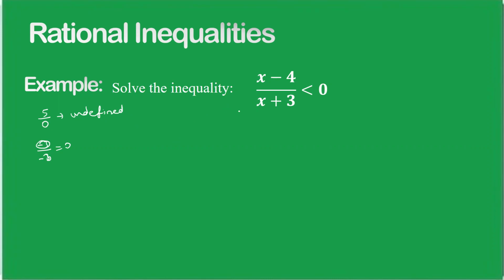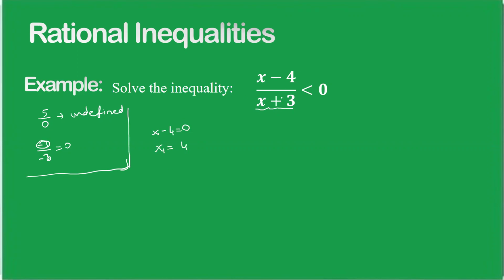Actually, the solution way is almost the same as quadratic inequalities, but something different here is the denominator. At first, we have to find the zeros of the function. What's that? x minus 4 is 0, so x1 is 4.